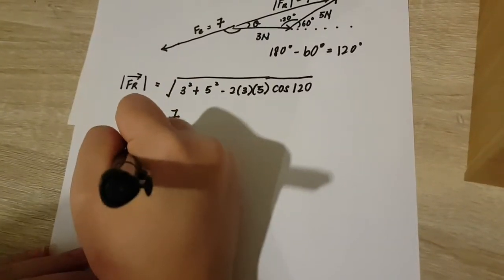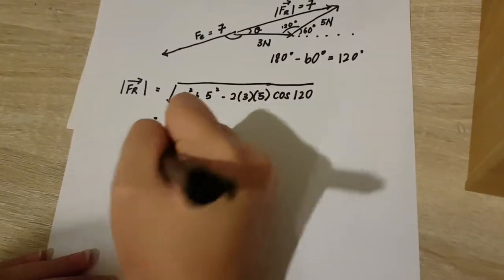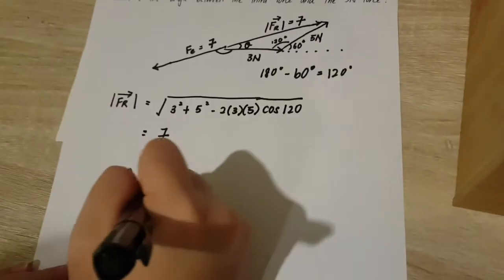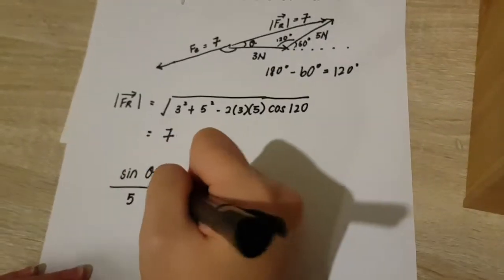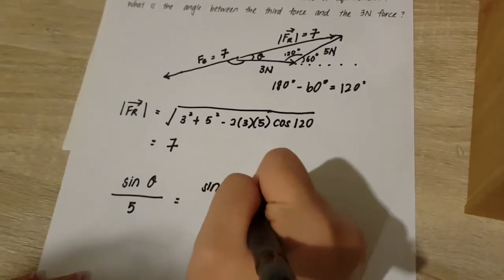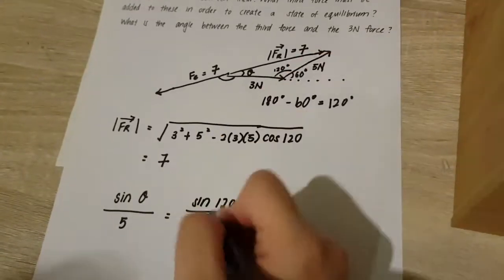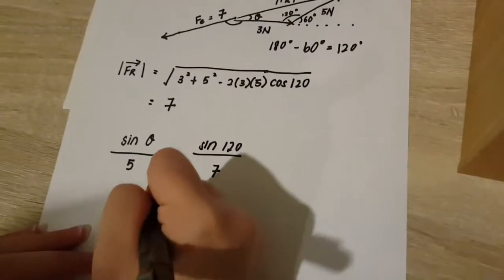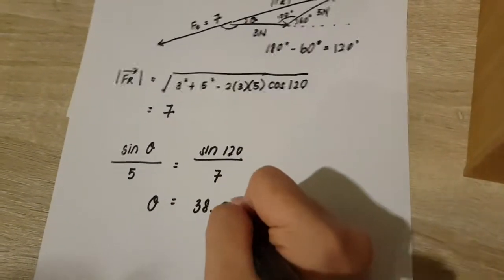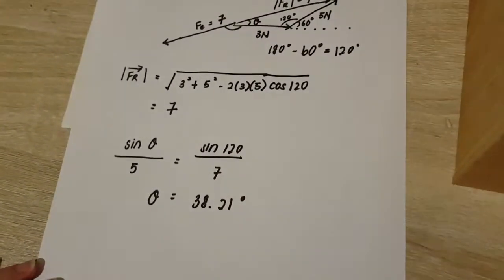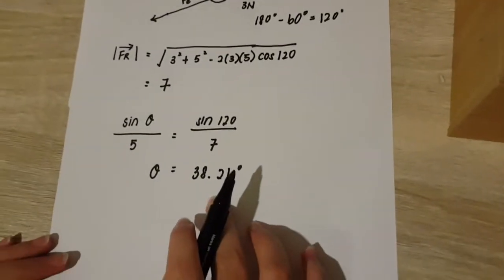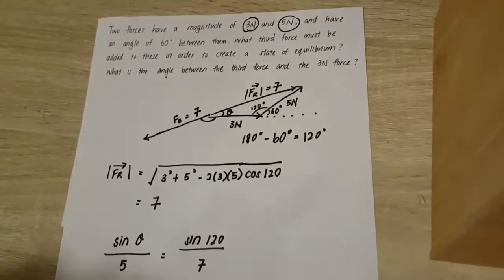So sine theta over the opposite, which is 5, equals sine 120 over 7. We will get 38.21 degrees. So theta will be 38.21. To get this one, we subtract.